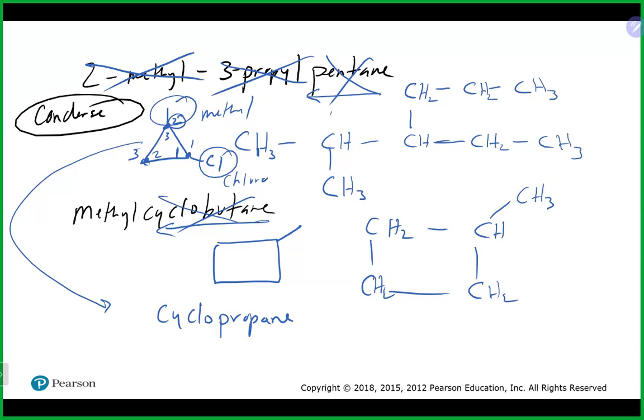Definitely want to go that way, right? That's going to give it a smaller number. So that is going to be 1-chloro, 2-methyl cyclopropane. So if you have more than one group attached in a ring, you do need some numbering. Again, you want to think alphabetically about the groups and give that guy the smaller number.